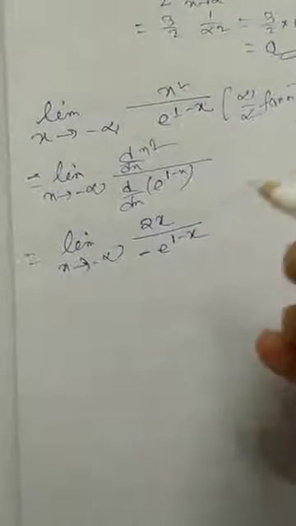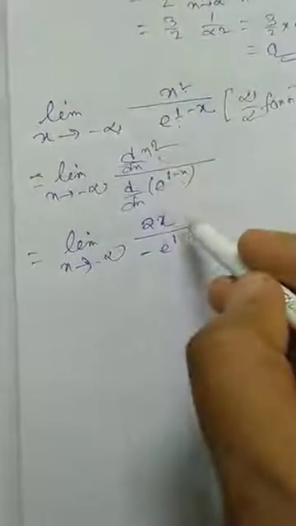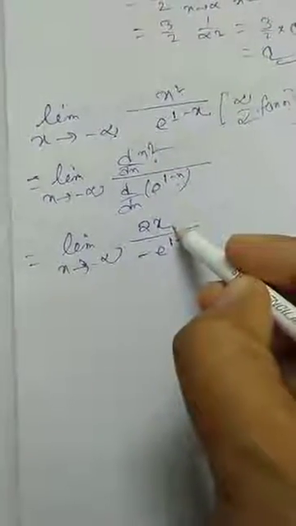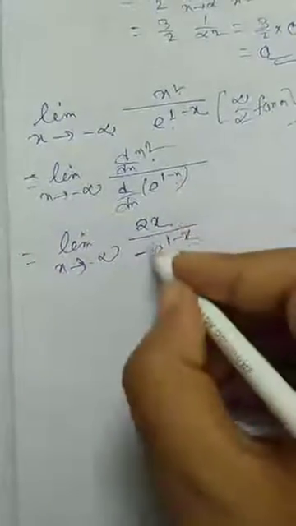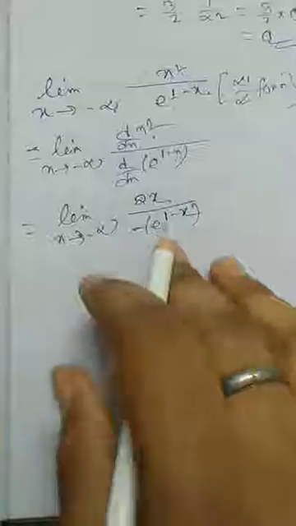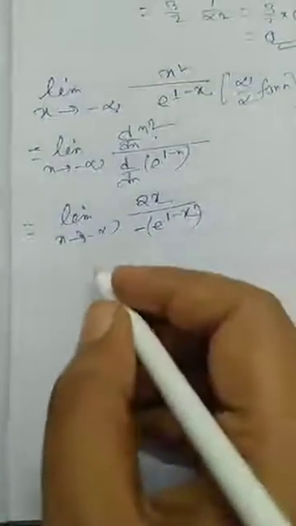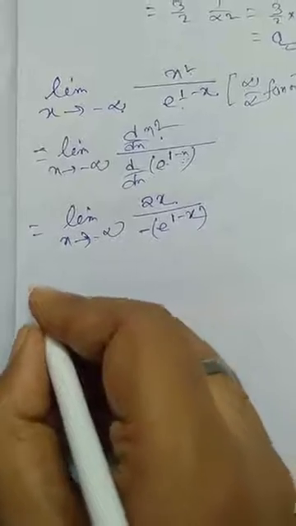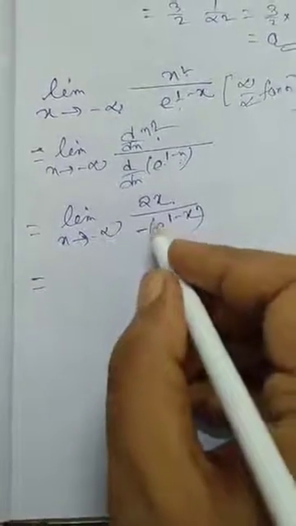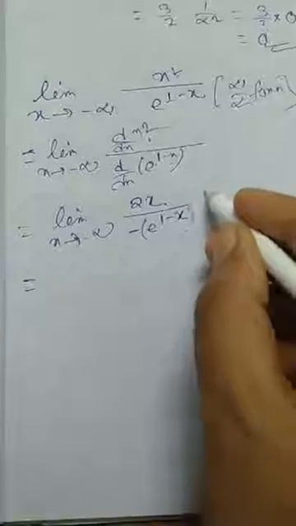I repeat this. Derivative of x square is always 2x and derivative of e to the power 1 minus x is minus of e to the power 1 minus x. Now if we put the value minus infinity, again it's infinity by infinity form.